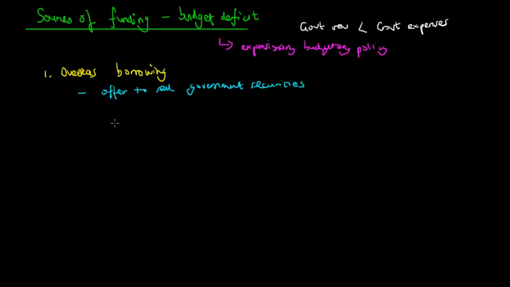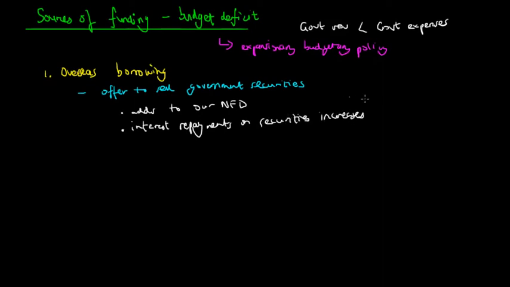However, the consequence of borrowing overseas is that it adds to our NFD. And the reason it adds to our NFD is that interest repayments on securities increase the current account deficit. So take, for example, the government issues $100 million bonds.